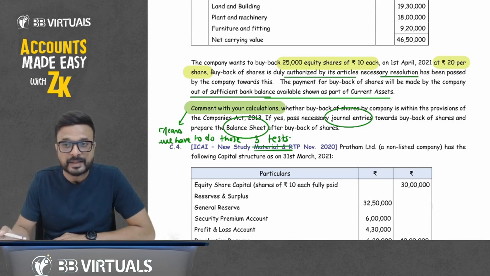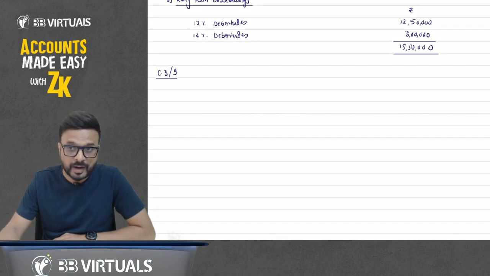Before we pass journal entries and before we prepare the balance sheet, first we have to do those three tests.